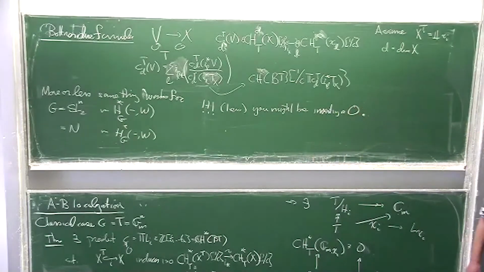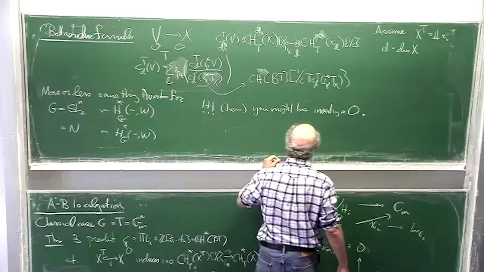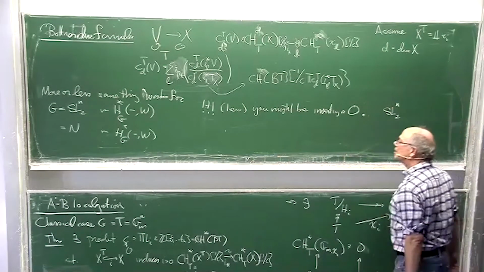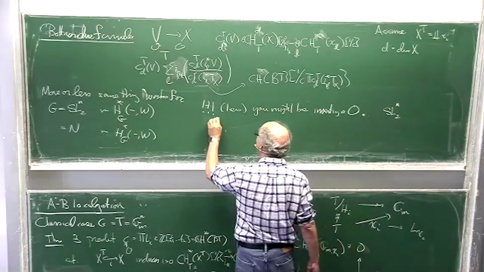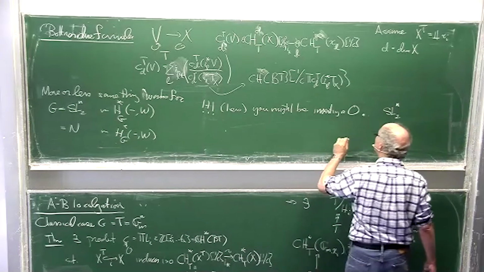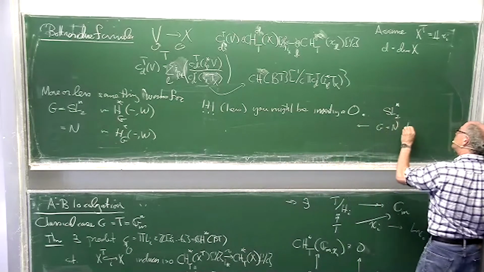That can happen. It's unfortunate. That's really bad. This can happen in the case of SL_n. So you might be inverting 0. This only happens for G equals N.